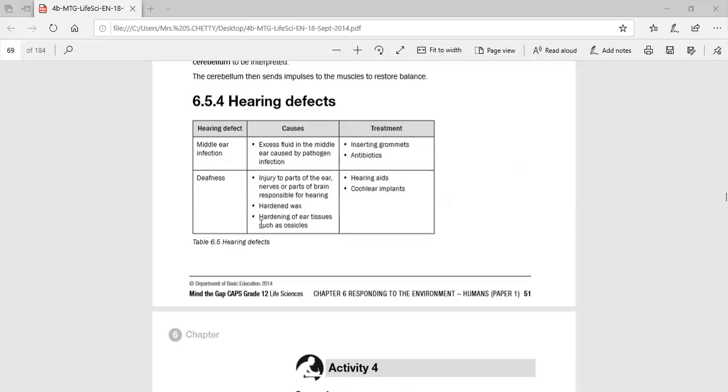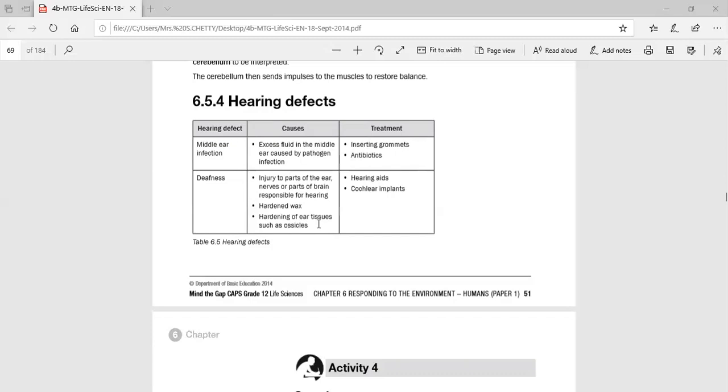Okay? So even if your ossicles, your hammer, anvil, and stirrup, become hardened, we also have a problem there, because they will not be able to transmit the vibrations efficiently to the oval window. And then if the oval window is not vibrating freely, then the vibrations don't go to the inner ear.